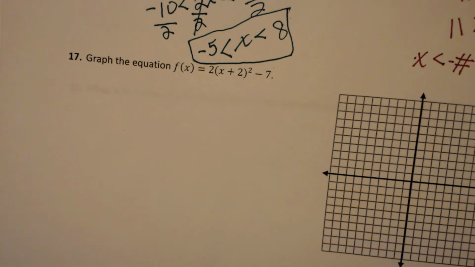So in 17 it says graph the equation. So I need to find my vertex and at least one point on either side of my vertex.